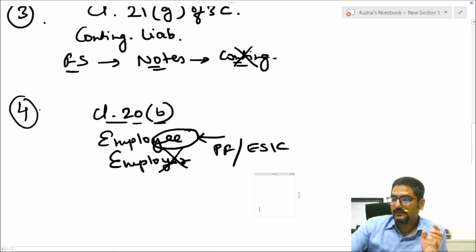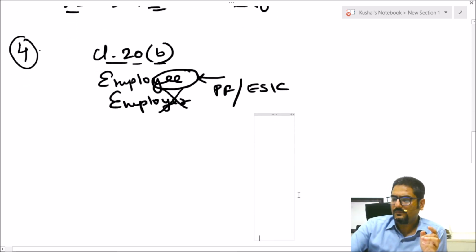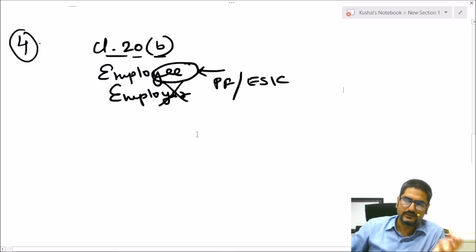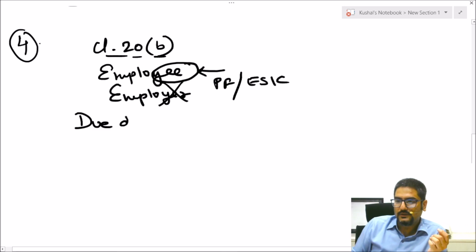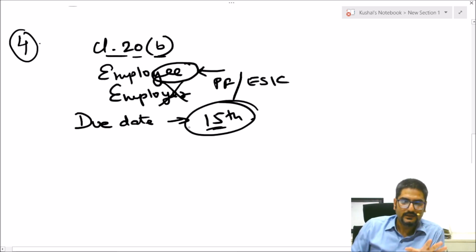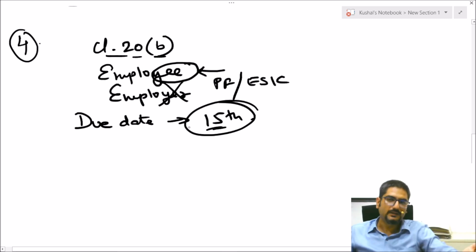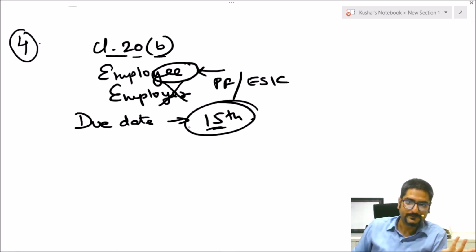Clear? And the next important aspect is that after the judgment of the Honorable Supreme Court of India in Checkmate, everything is clear that it has to be paid on or before the due date. And what is the due date? It is the 15th of the following month. If not paid, then it has to be reported and disallowance will be there at the time of intimation of the income tax return.